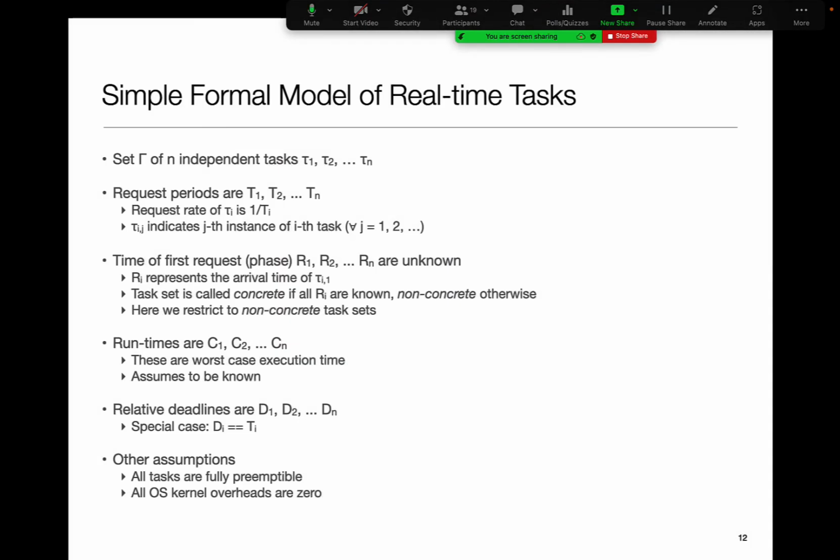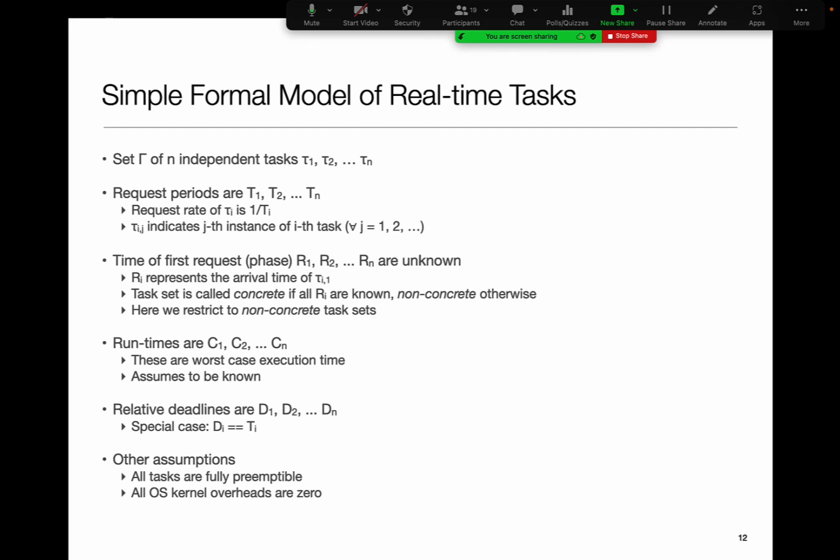I mean, if I say d_i equal to t_i, then it's saying that for the ith task, from the moment a copy of that task arrives, you have to finish processing that before the next copy arrives, right? The deadline is equal to the period.